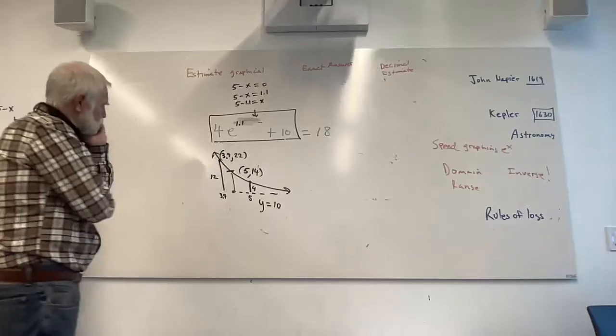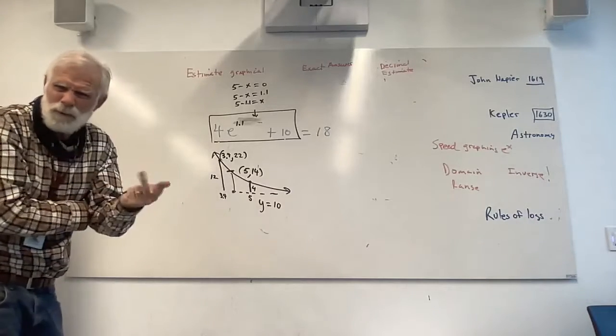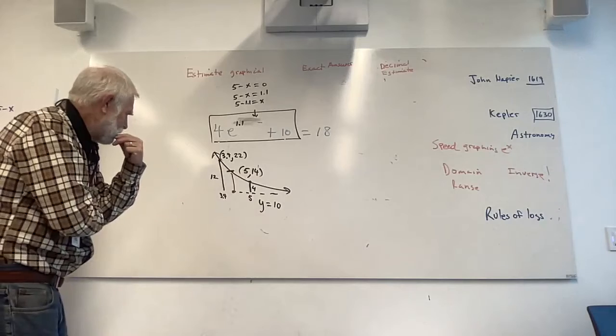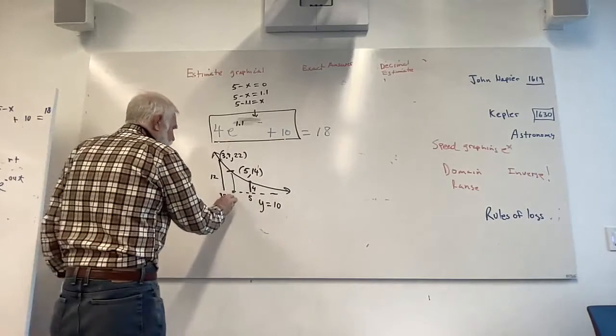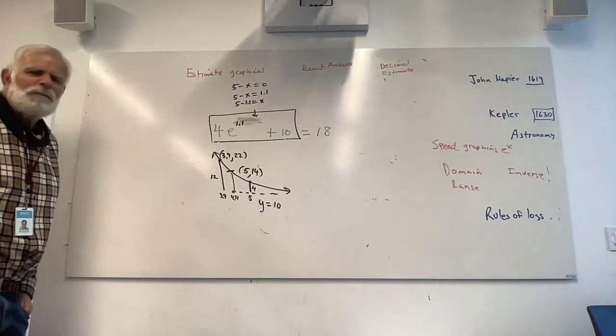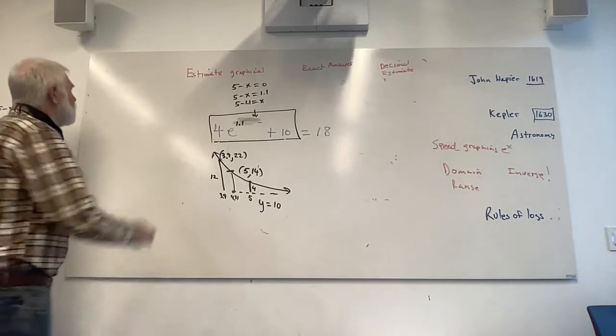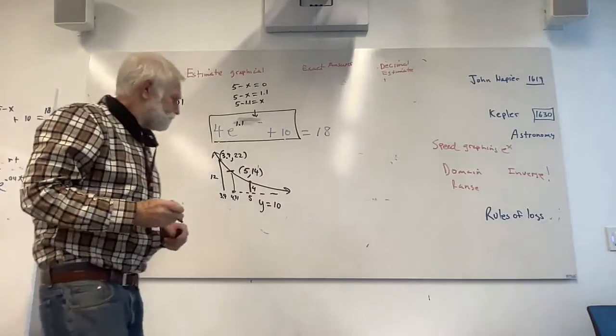What do you think, folks? 4.2, 4.3? 4.3, I like 4.3. I like 4.31. I'm going after it. Let's find out. I'm going to go with 4.31. Let's solve it now.